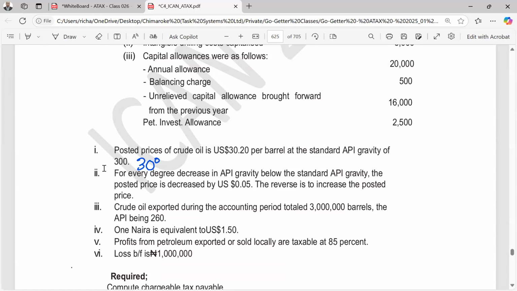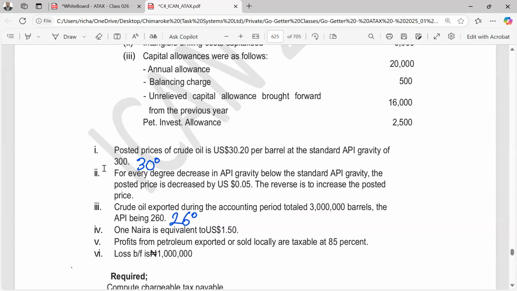This is the number of barrels. So this is what we're going to use. And look at the API gravity. It's not 260, rather this is 26 degrees. API is measured in degrees. And so I want to believe that that's a typo. We're going to treat it like this.